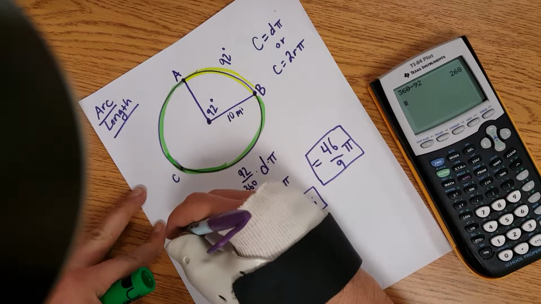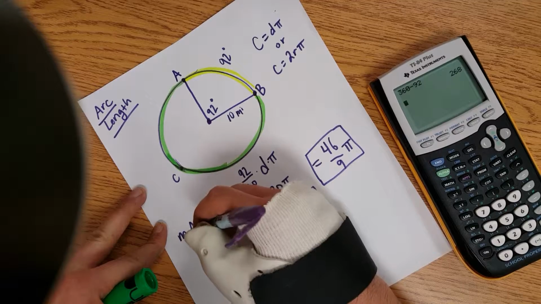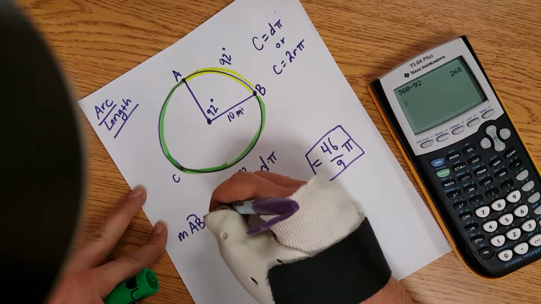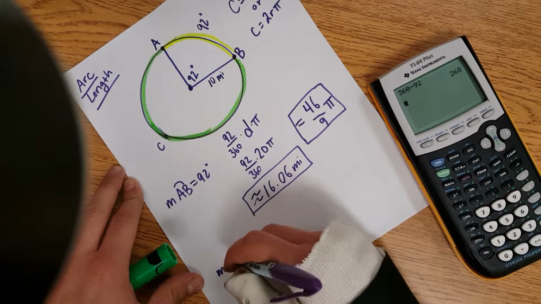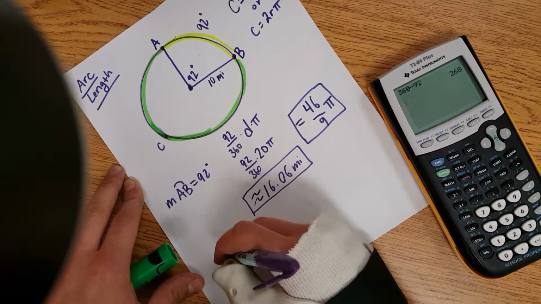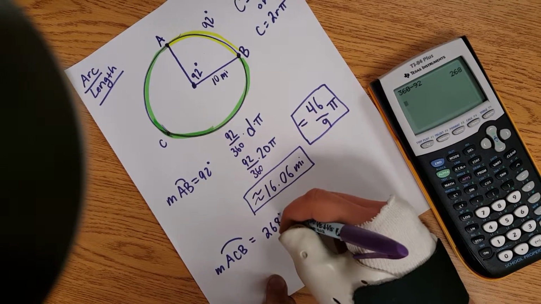So let's actually write this down. The measure of arc AB was 92 degrees, but the measure of arc ACB is 268 degrees.